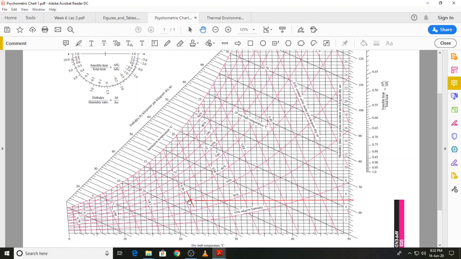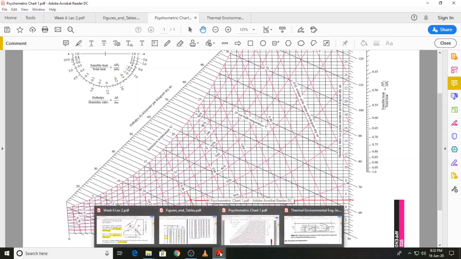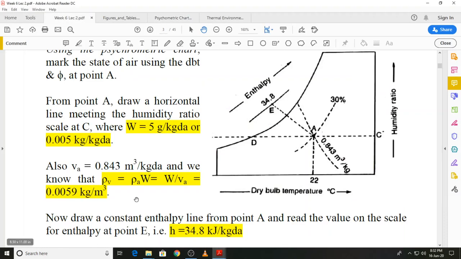This is 0.84, this is going to be 0.85, so this is below 0.845. I would estimate it to be 0.843 by observation, and that is the value that I have shown over here for the specific volume of the moist air sample, and the specific volume of the dry air is the same.